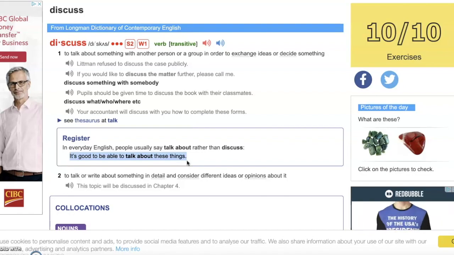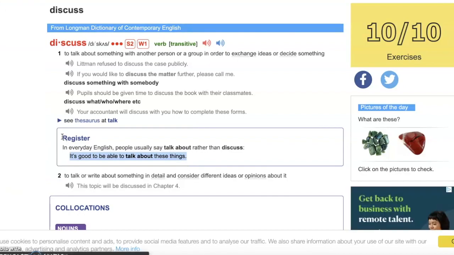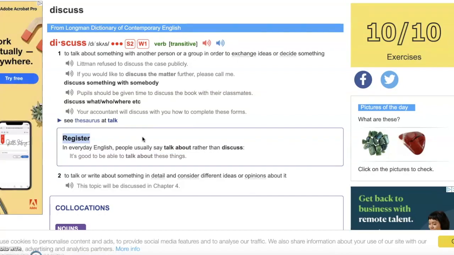While it's definitely okay to say it's good to be able to discuss these things, it's not as common as using the word talk about. So these register notes are very helpful for those of you who want to learn not just what a word means, but also how it's used in real daily life.